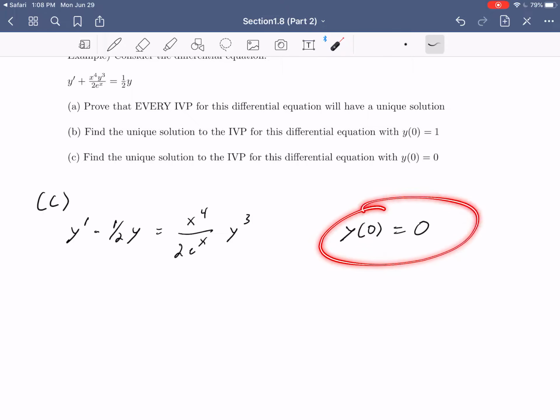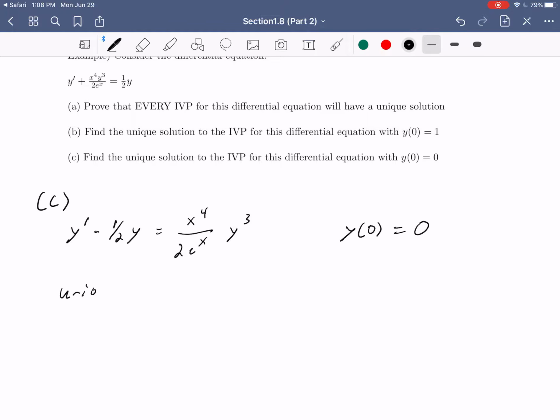But we want y to be equal to 0 at its initial condition. So the unique solution here would be y equals 0. And we know we don't have to worry about any other potential solutions because we know from part A, every IVP has a unique solution. So this one, we just have that unique equilibrium solution, y equals 0.